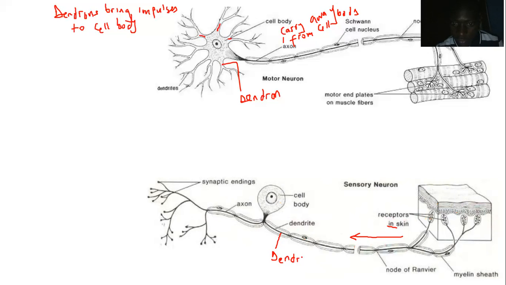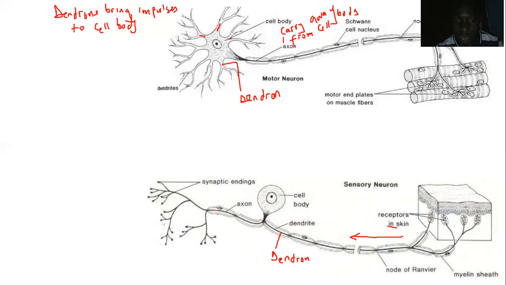The dendron is carrying the impulse towards the cell body; the dendron brings impulse to the cell body, and then this axon is the one carrying impulses away from the cell body.